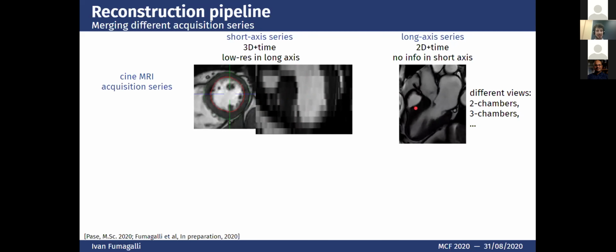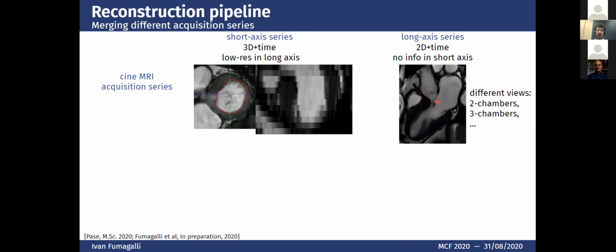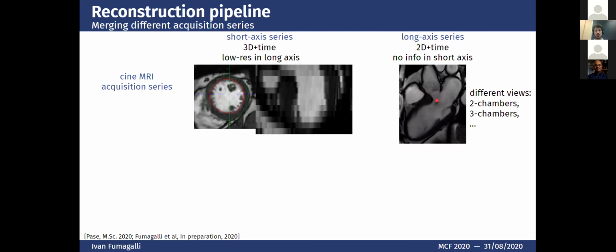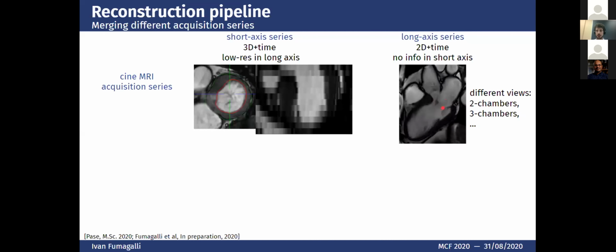Other series that are acquired during the same diagnostic test are the long axis series that can be different, but they typically have only a two-dimensional slice represented, and therefore they do not provide information in the transversal direction.